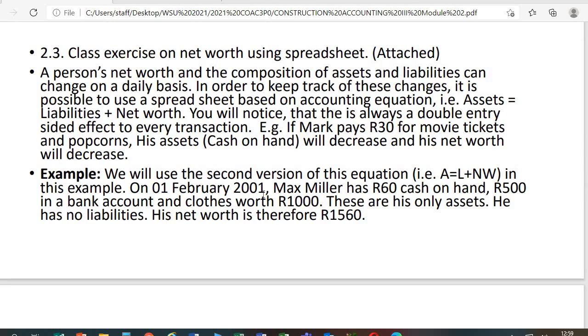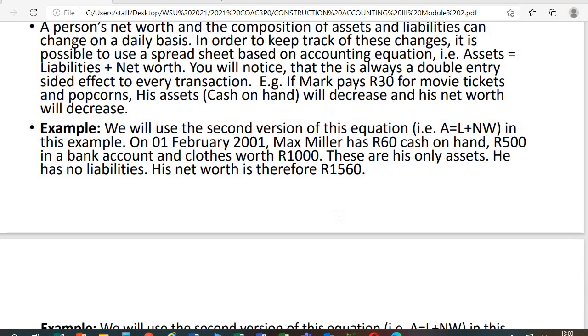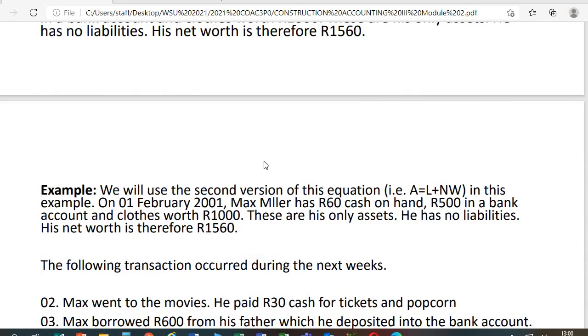On the 1st February 2001, Max Miller has 60 Rand cash on hand, and then 500 Rand in the bank account, and clothes worth 1,000 Rand. These are his only assets. He has no liabilities. His net worth is therefore 1,516.